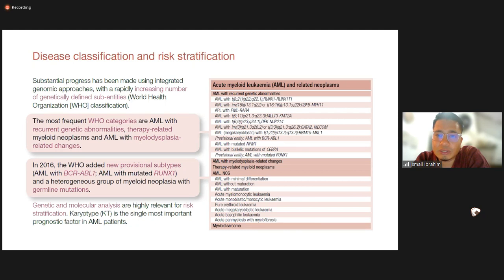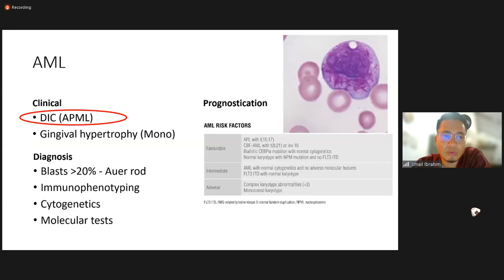We try as much as possible to characterize them using a specific translocation. So it's very important now to have the facility to do cytogenetics or molecular tests, because that will give a very specific diagnosis and predict the response to treatment better. And currently in Hospital UIA, we can do karyotyping, we can do molecular tests for NPM1 and FLT3 and so on. So we have a bit more facility to diagnose and characterize them now. Yeah.